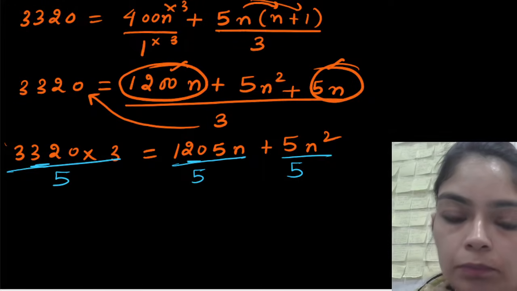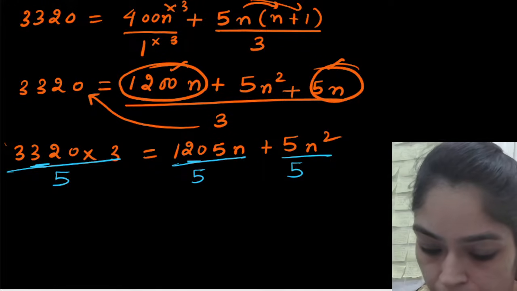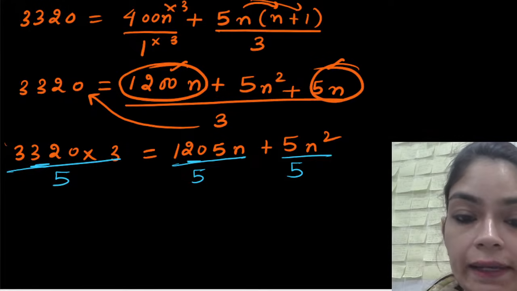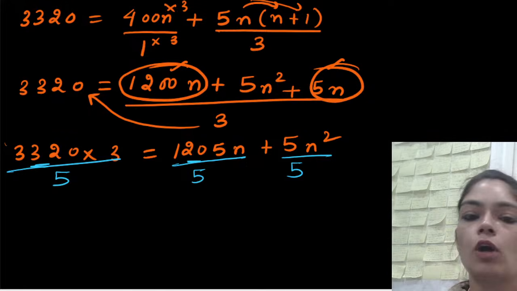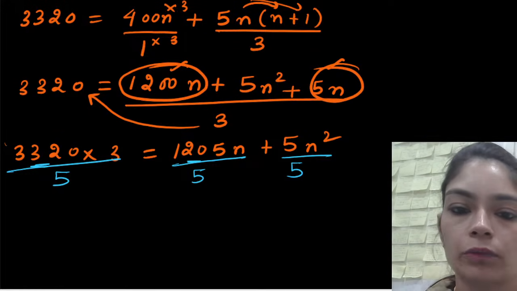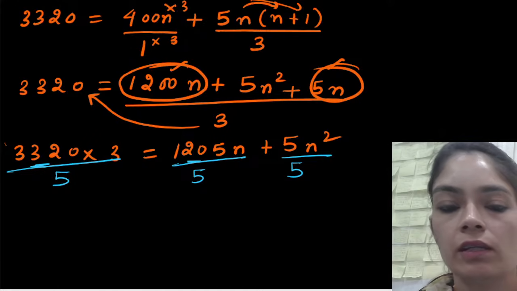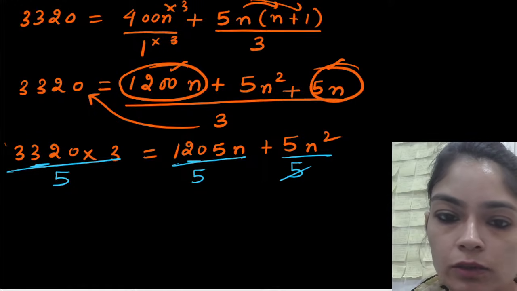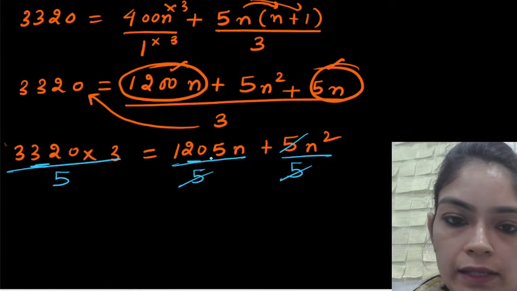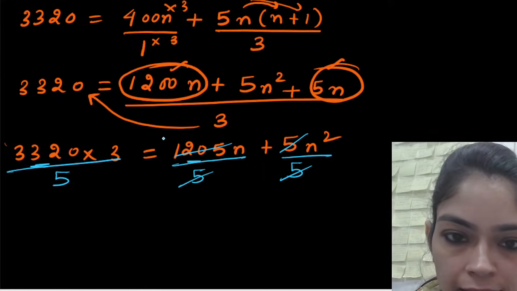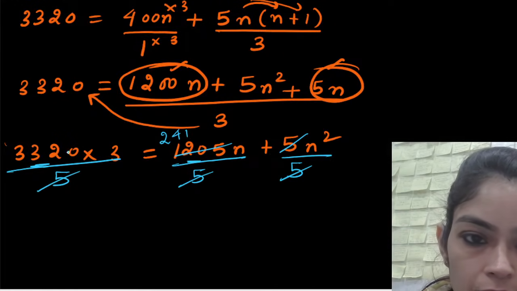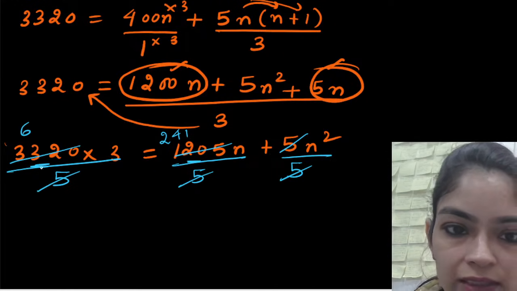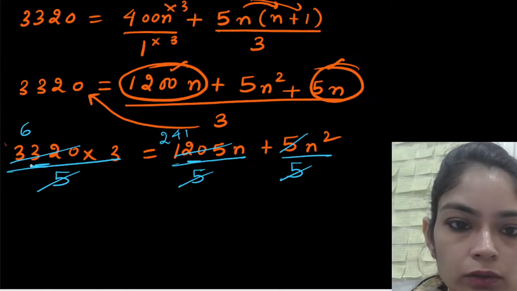I am dividing both sides with 5. Whenever there is a common factor like this, you can take it out. So whatever is written with N square, divide the entire equation with that. So 5 and 5 will get cancelled here. Here you can do cancellation. So you will get 5 into 2, 41 you will get, and here you will get 5 into 6. Just check the calculations, okay.